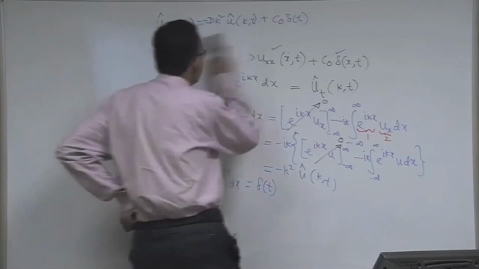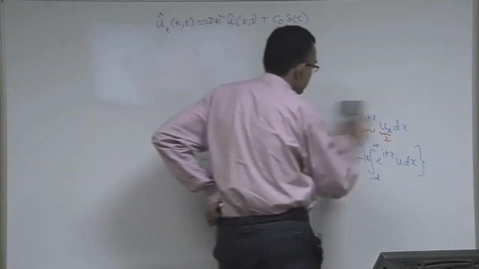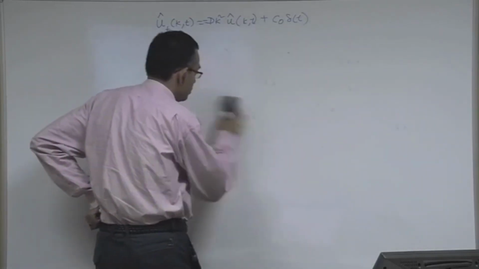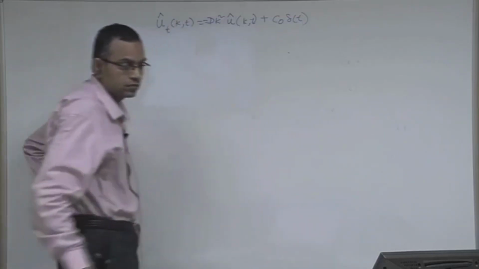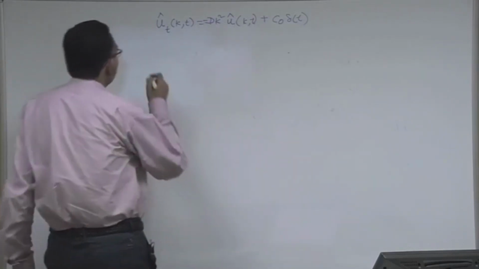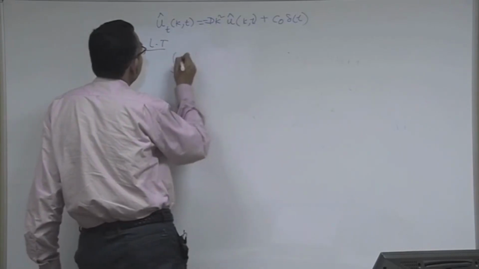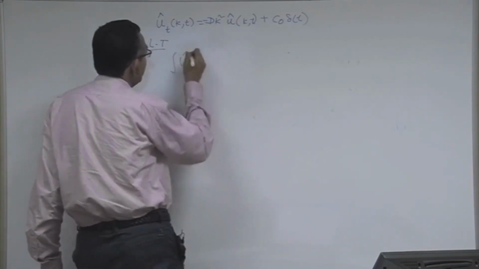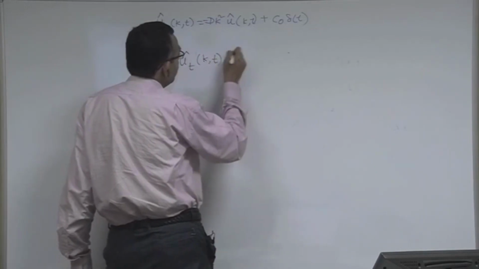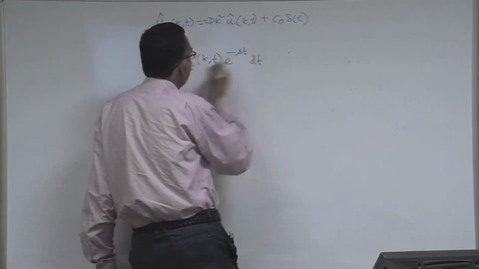Now we will take a Laplace transform. So Laplace transform, integral of u hat k t into e to the power minus st dt from 0 to infinity.